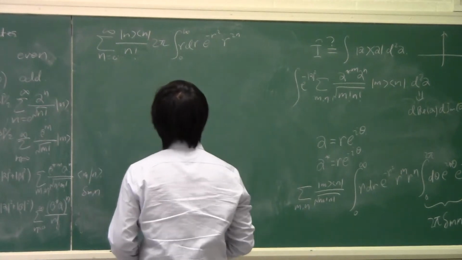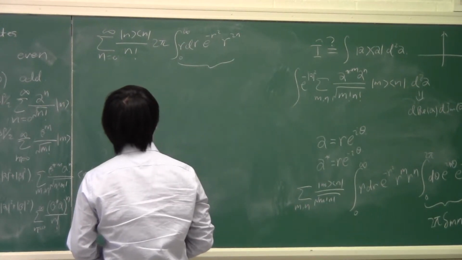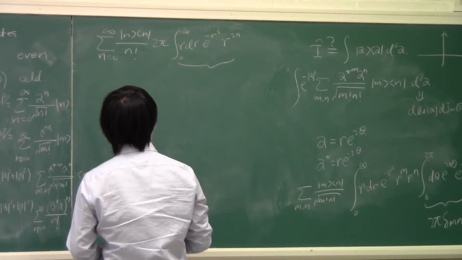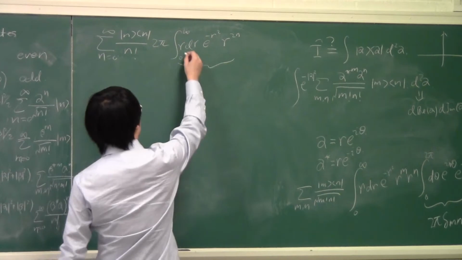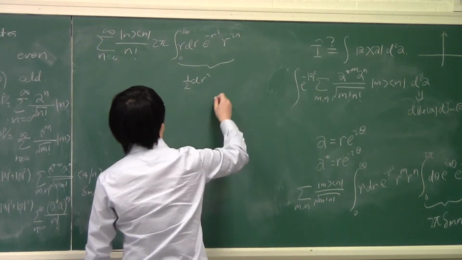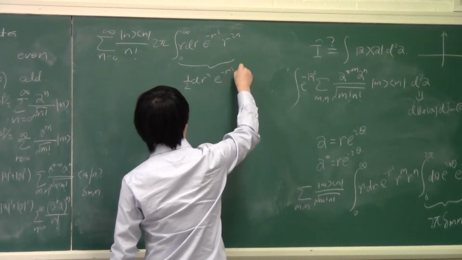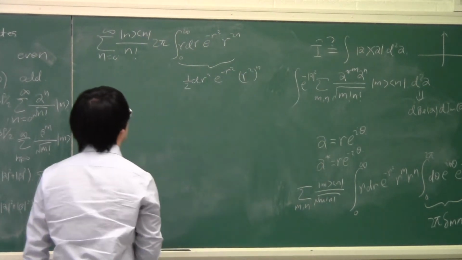So now notice that we can do a convenient change of variables here, changing r to r squared. So r dr gives you 1/2 d r squared, and then what's left is e to the minus r squared times r squared to the nth power.